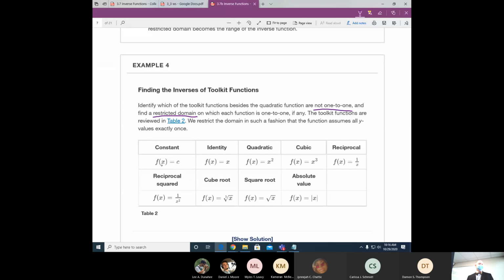Is f of x equals c one-to-one? What do you think? I have a constant c. Remember, that gives me a horizontal line. Is it a function? It is a function.